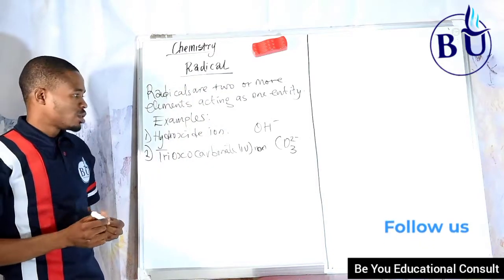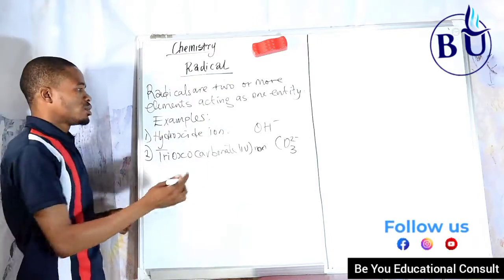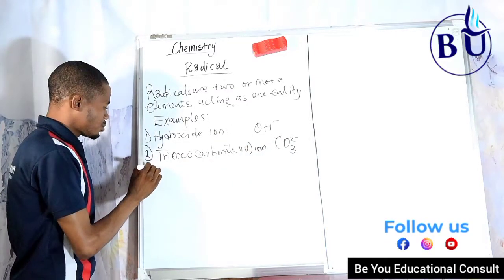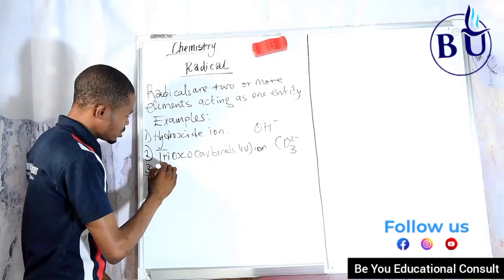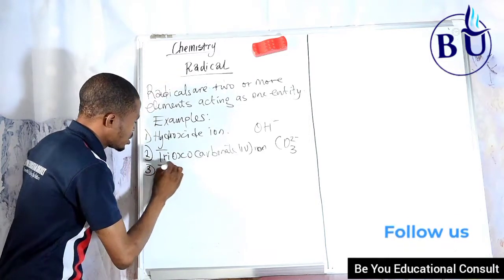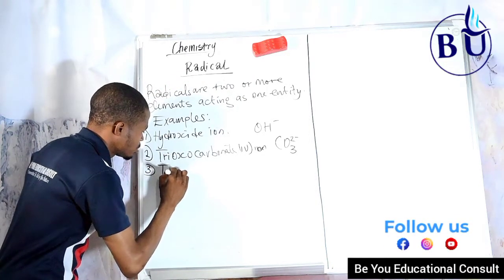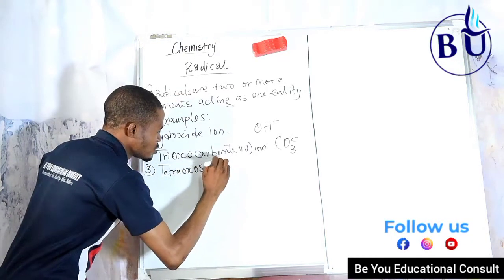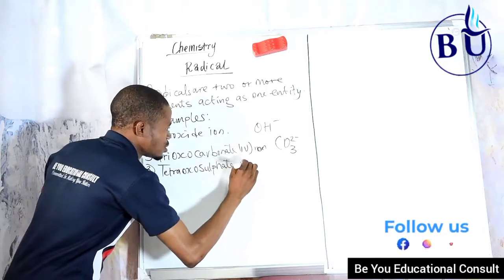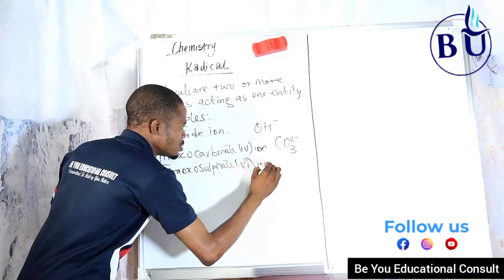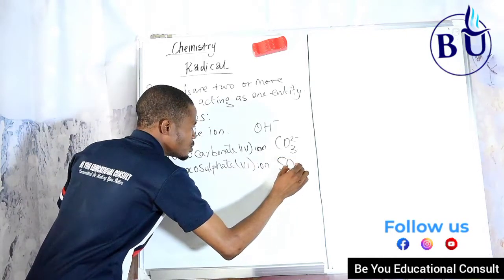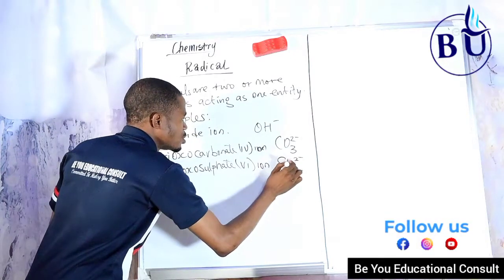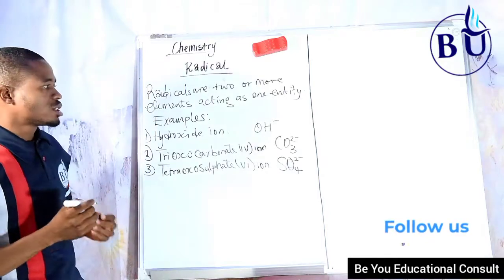Then we can also have another one, number 3: tetraoxosulfate(VI) ion, which is SO4 2 minus. That's what I want you to know about these radicals.